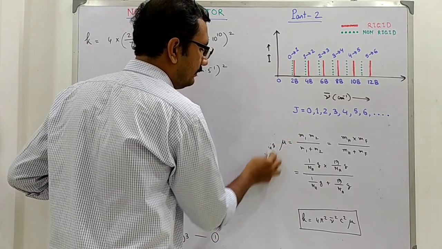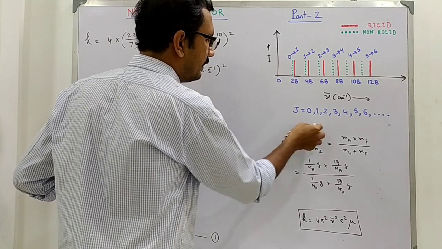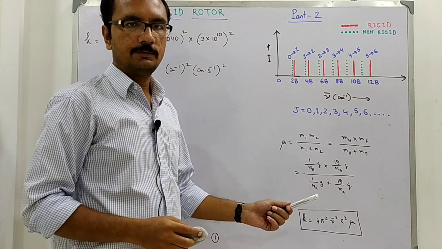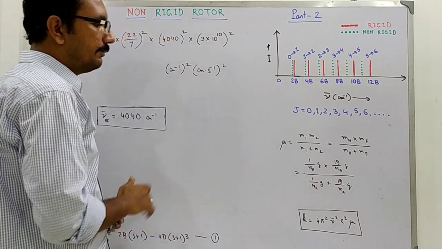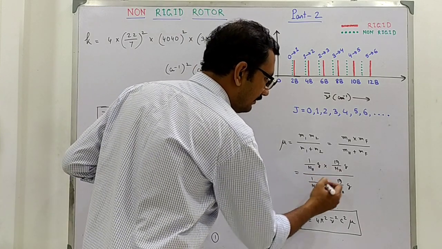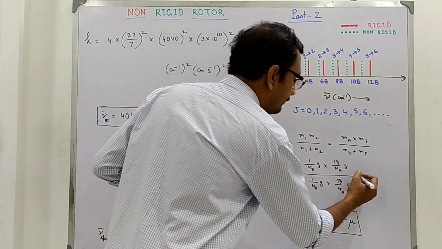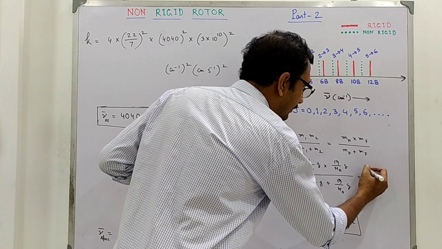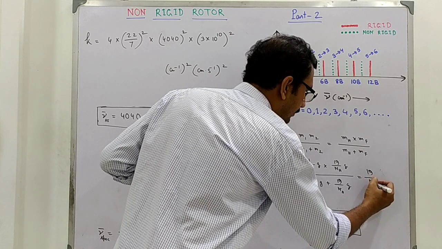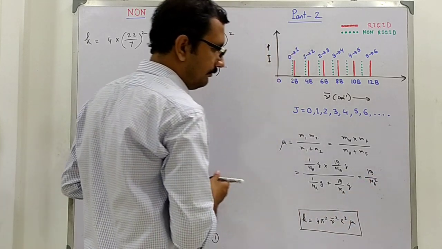Now, students have a common mistake that they forget to place this Avogadro number, and they end up with bizarre results. So, if we simplify this, what will we get? We will get 19 by Na square here.